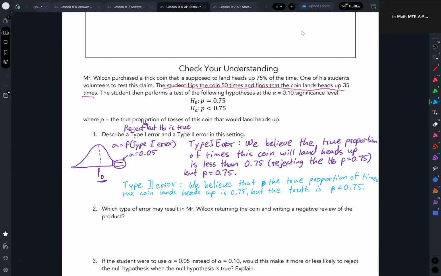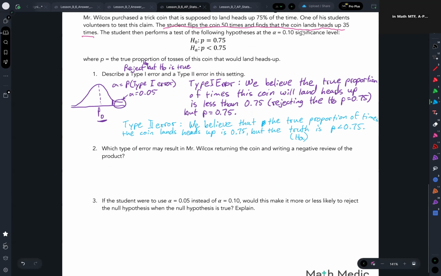So we made an error. We believe the true proportion is 0.75. We failed to reject the null hypothesis, but the alternative is true, that P is less than 0.75.